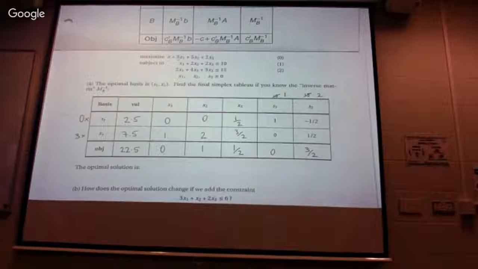Okay. Why is 9.5 minus 2.5? Yeah, it's 9 over 2 minus 2. Shouldn't it be 5 over 2? 9 halves minus 2 is 5 over 2. Yes, you're right.